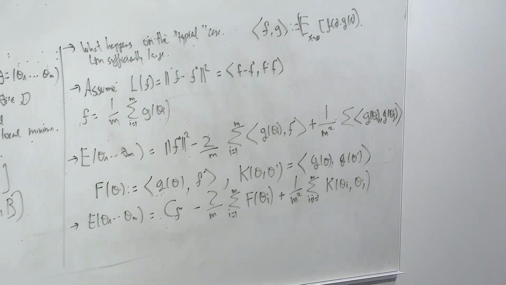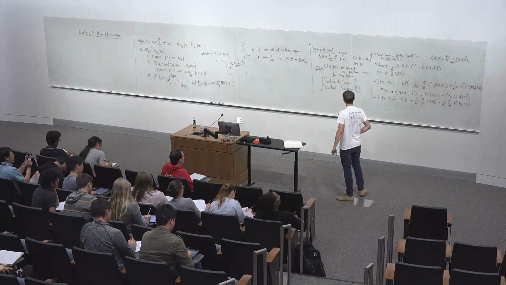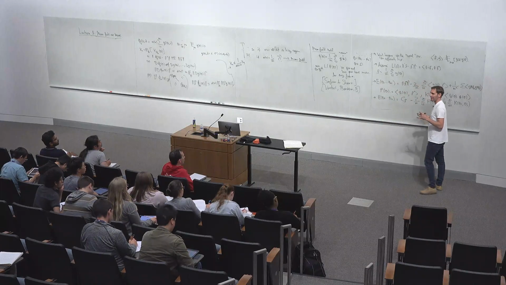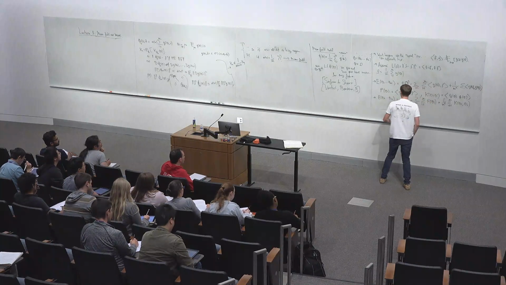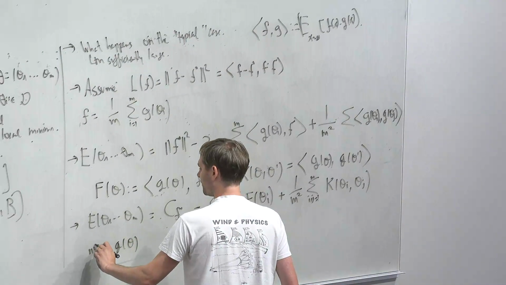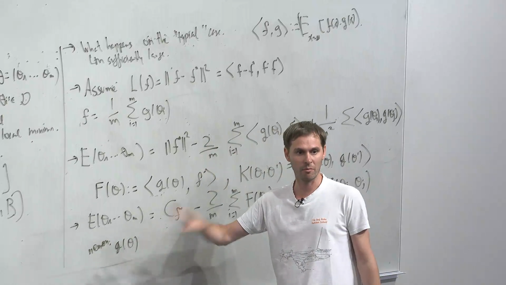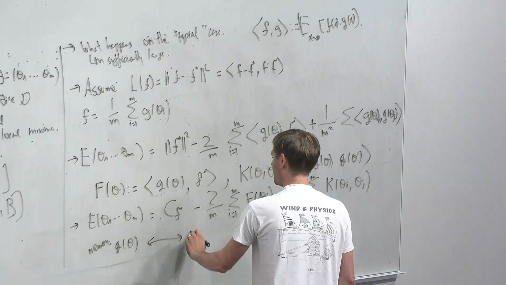At this point, I'm going to introduce what in physics is sometimes called an ansatz, just as a way for us to think differently. I told you that this g of theta was a neuron, which is a function from x to the reals, but I'm going to assimilate this neuron with a particle.